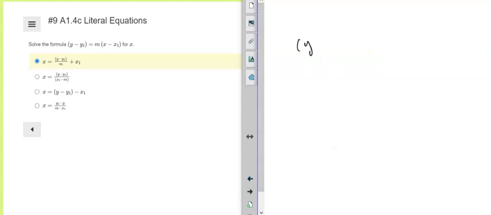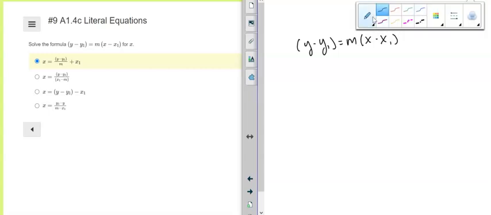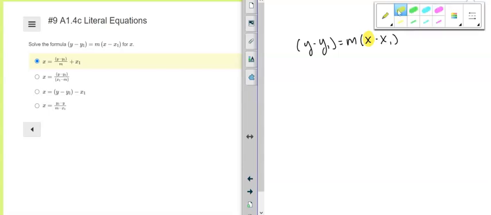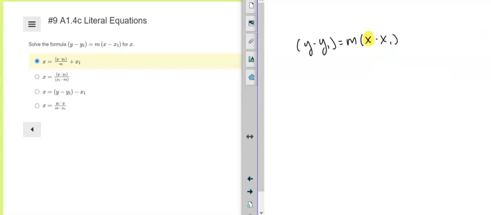You have y minus y1 equals m times x minus x1, and we're solving for this x right here. If we're solving for this x, I need to move everything over. Before I can move the x1, I need to get this m over first, so that I can cross it out, because of this being multiplied.